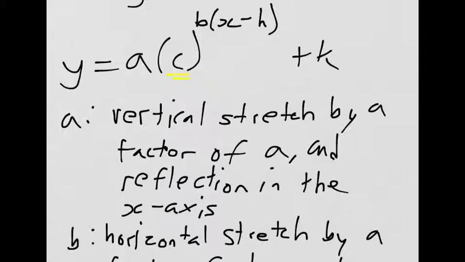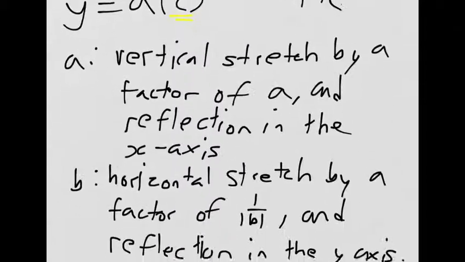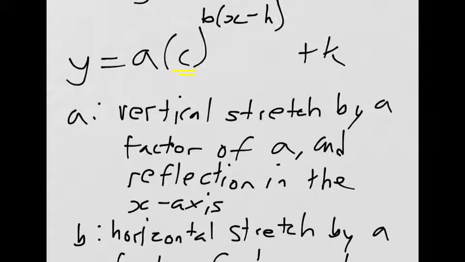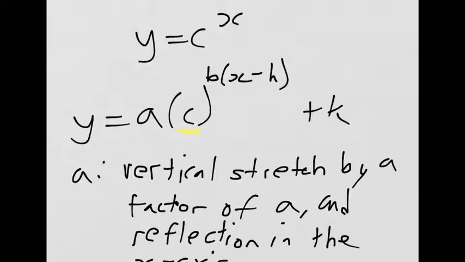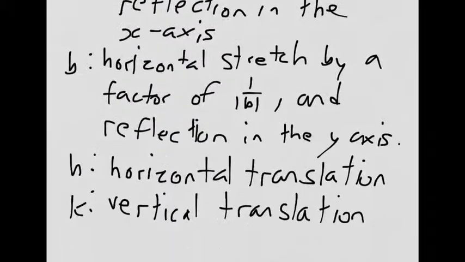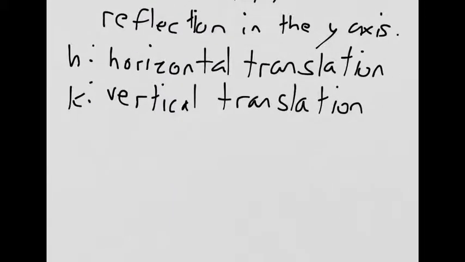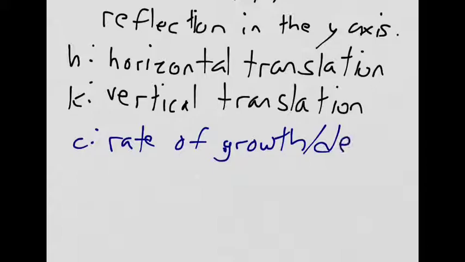If I'm studying a loan or an investment, it's the rate at which that loan or investment is growing or shrinking. Okay, so that's not really respective to any kind of transformation. It's what it is in the general form for exponential functions. So if you just want to add that, you could put that there. c is the rate of growth or decay, depending on its value.